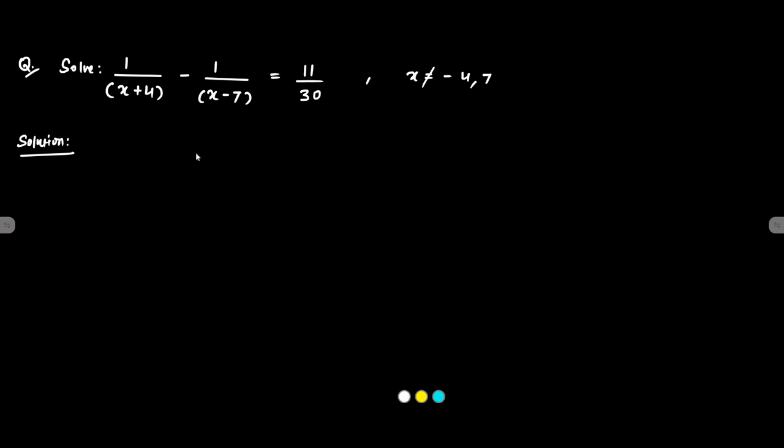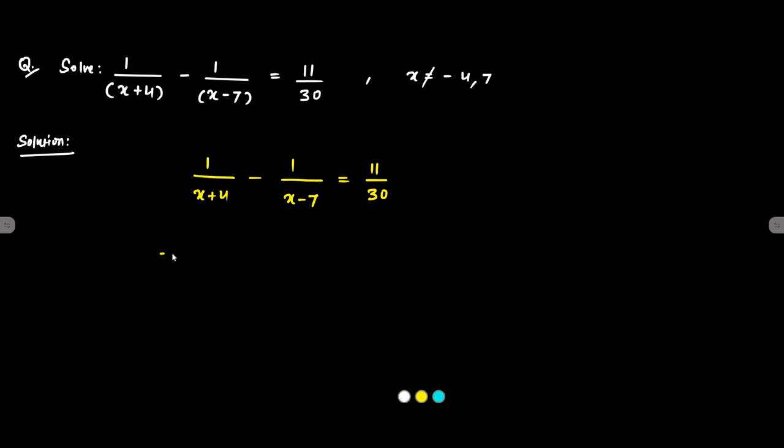So first we'll write the equation which is given in its present form. 1 by x plus 4 minus 1 by x minus 7 is equal to 11 by 30.